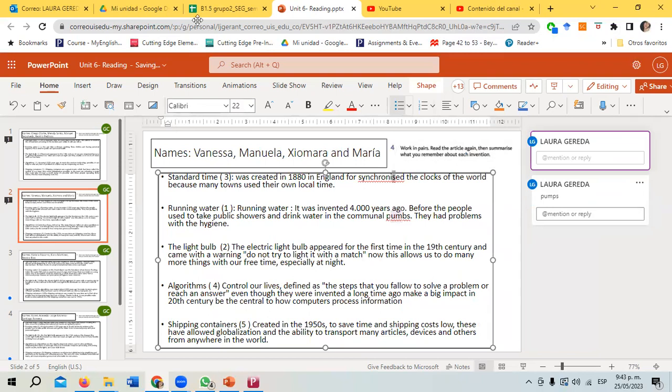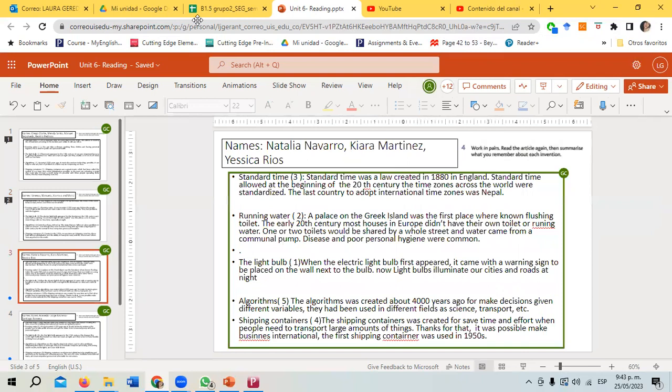Now continuing, Natalia, Kiara, and Jessica. Teacher, we chose that the first place was for light bulb and running water because they resolve problems in the community.